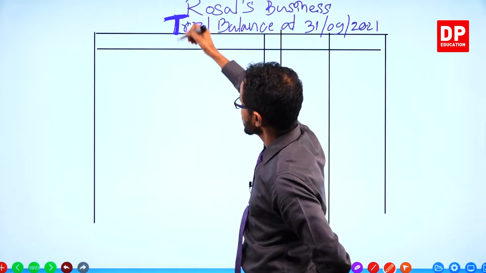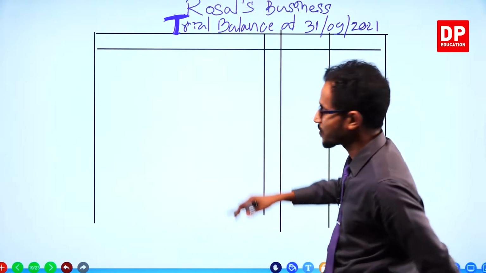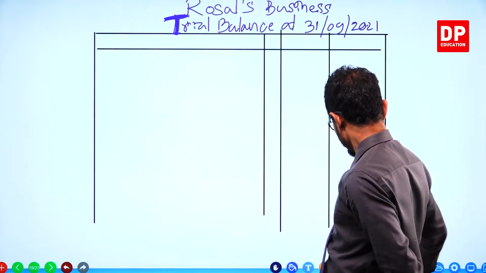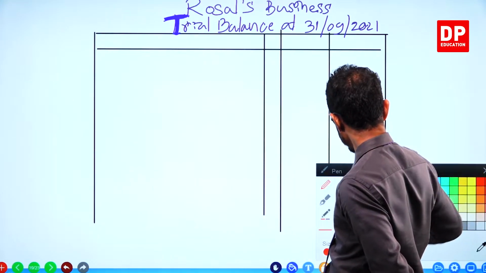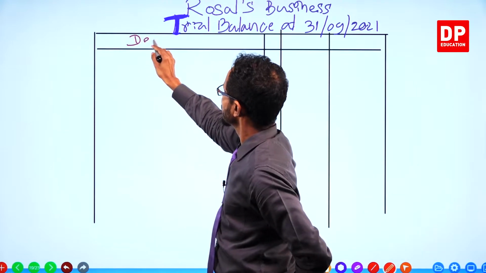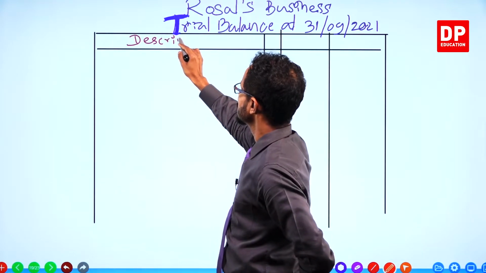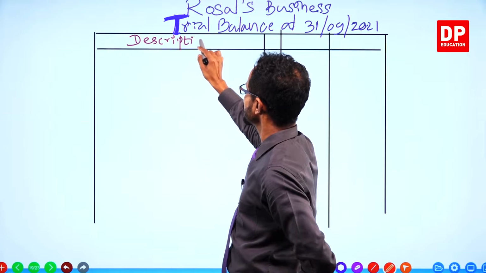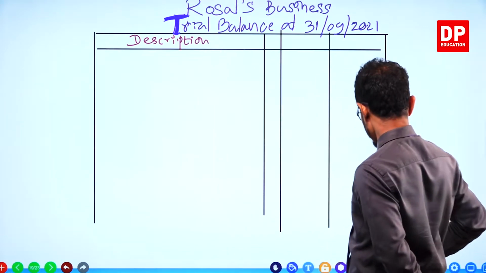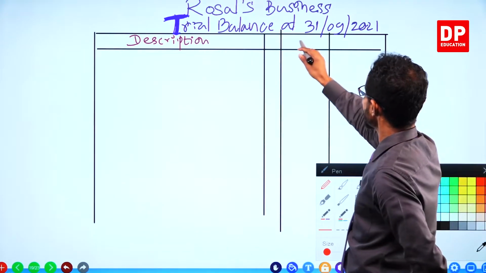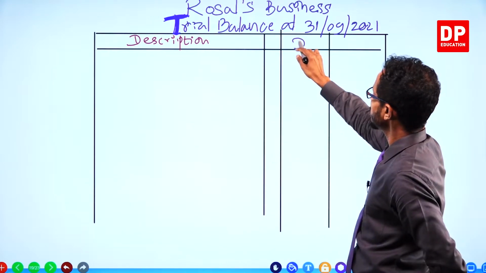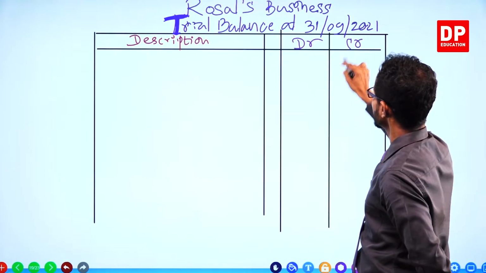Okay, just to make it pretty, trial balance. All right. This column is the description column, children. Description. Debit column and credit column. Debit and credit.